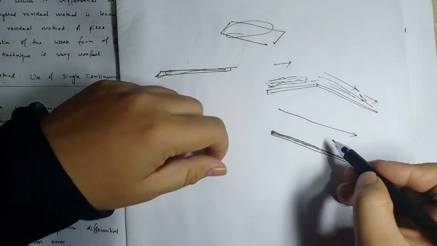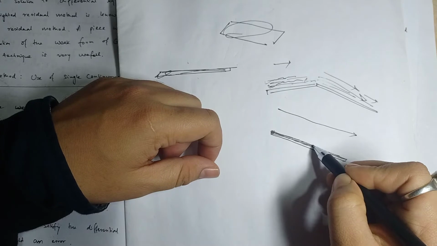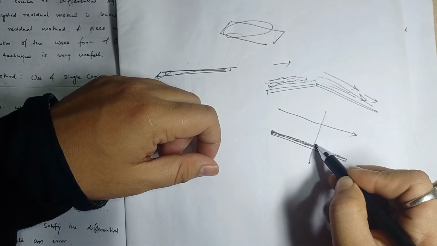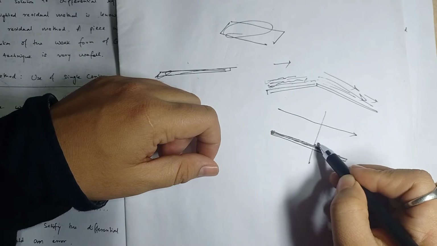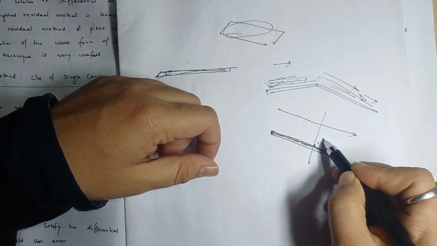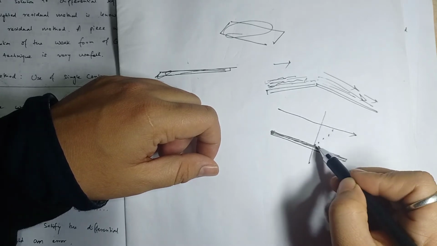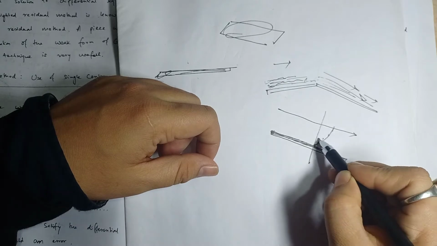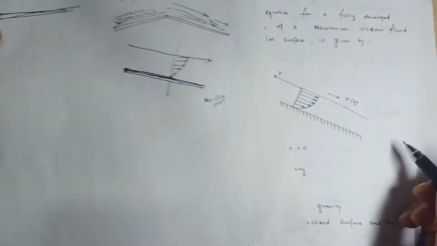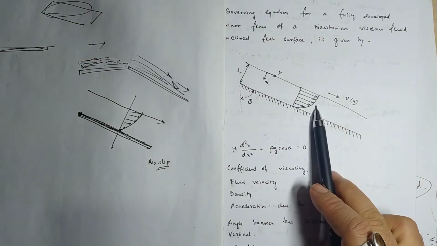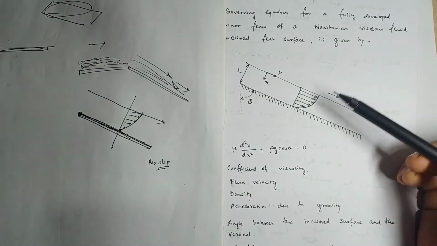So if you consider a cross section here, this point is not moving. As we go on, it moves with some velocity, and then with some higher velocity. If we connect them together, we get a parabolic curve. This is the parabolic form of your laminar flow.